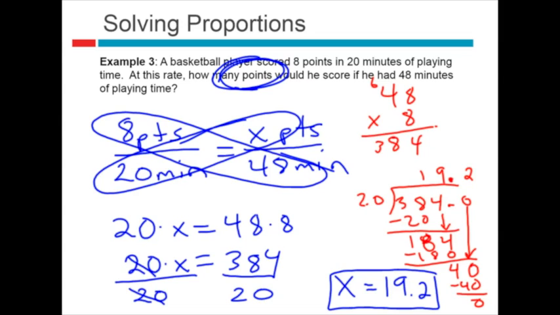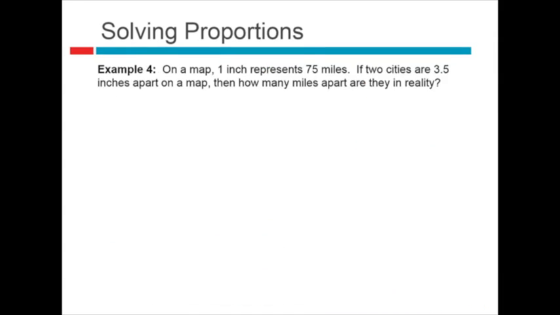All right, great. All right, let's do one more example together. On a map, 1 inch represents 75 miles. So if two cities are 3.5 inches apart on a map, then how many miles apart are they in reality? So let's use a proportion to help us with this.